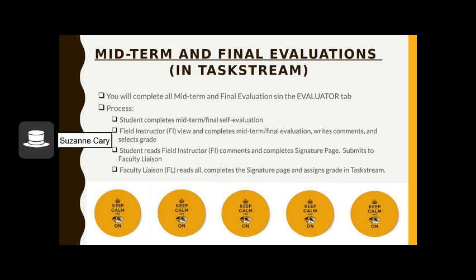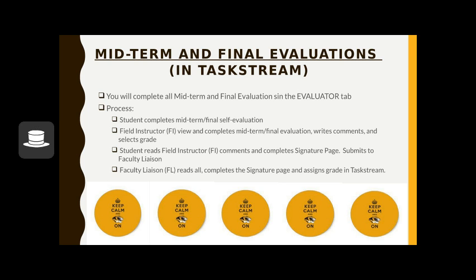So how you do your midterm and final evaluation in taskstream, again, this is where 80 to 90% of the confusion about taskstream happens because field instructors or task supervisors forget that they're switching into a different tab.